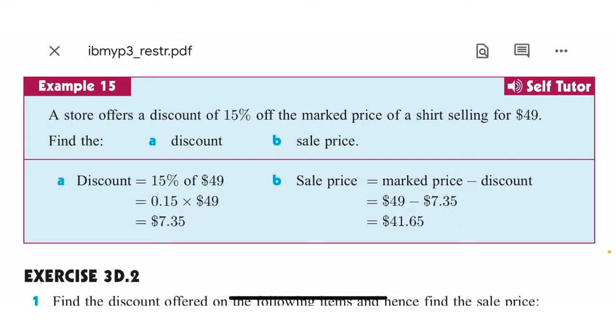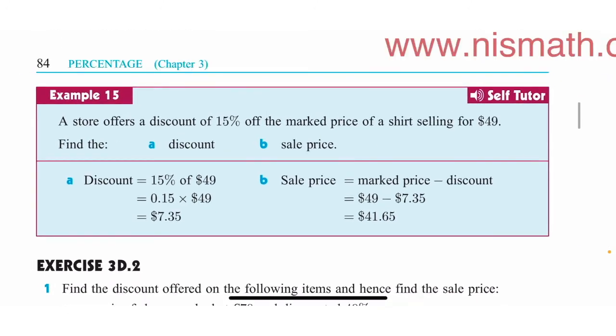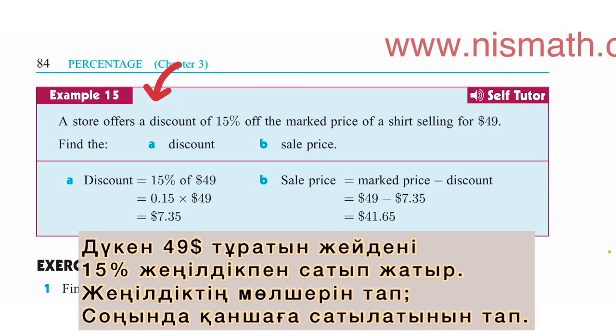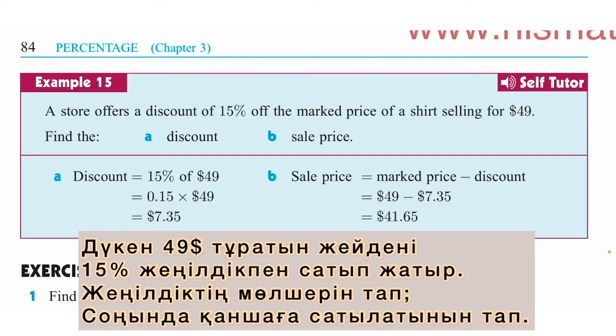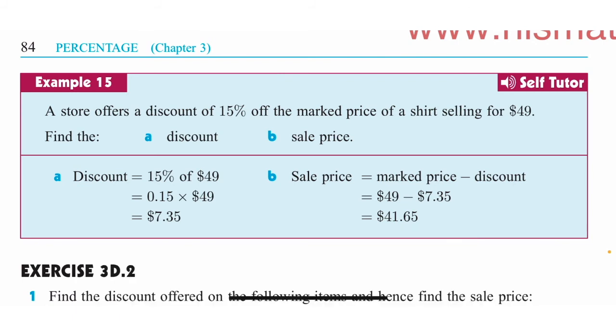Let's give an example for a discount. A store offers a discount of 15% off the marked price of a shirt selling for $49. So there is a shirt selling for $49 in a shopping mall, and they say, we sell you this shirt for 15% off. Find the discount and find the sale price.